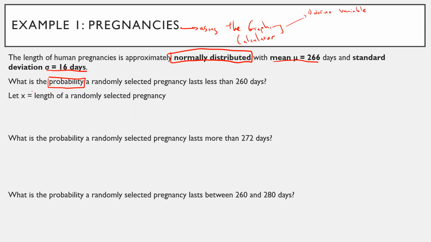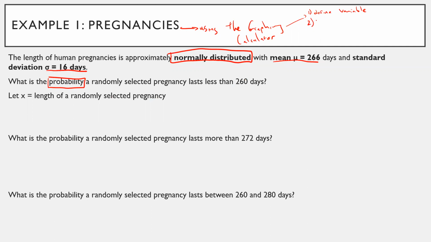Say there's a database of all the babies born last year, and we grab one of those pregnancy lengths at random. We don't know what it's going to be until we get the answer, but I'm asking, what's the probability that it's less than 260? So let X be the length of a randomly selected pregnancy. So we define the variable.